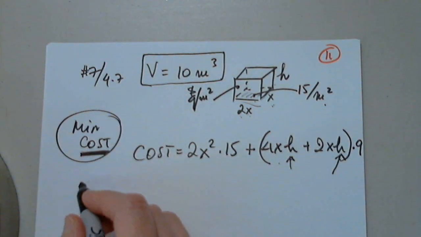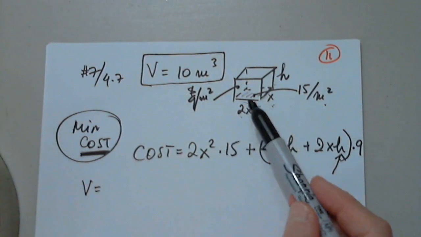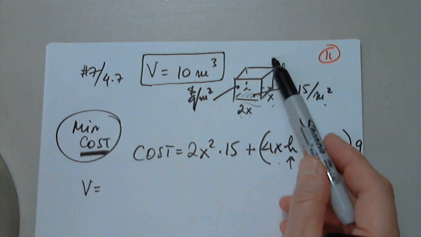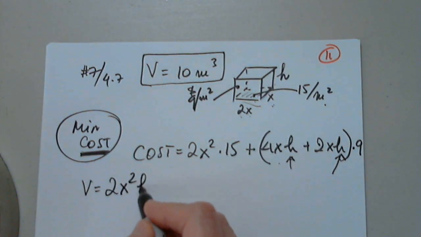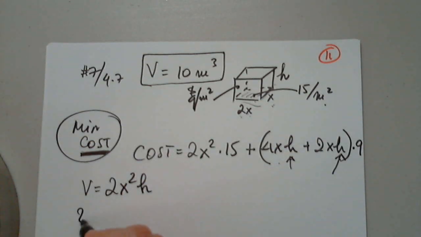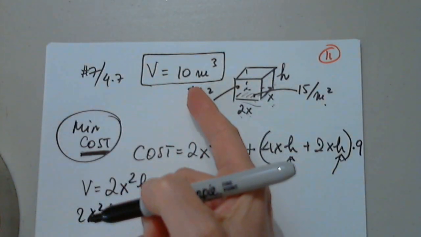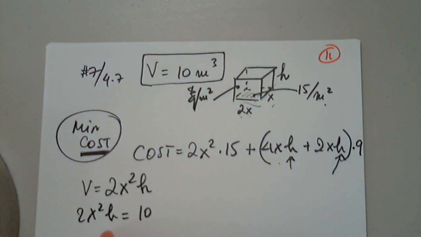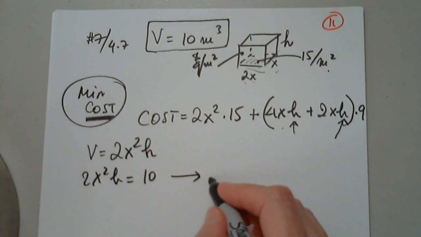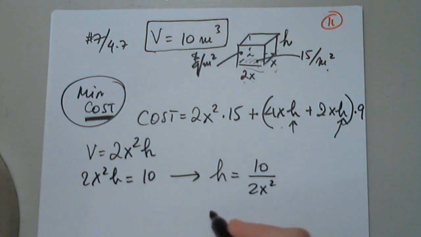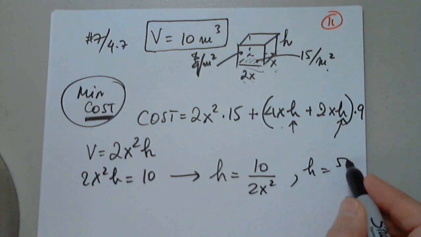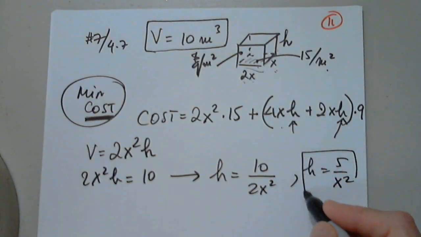So the volume of such a box is 2x times x times h, so 2x squared h. And we know that 2x squared h must equal 10. So from here I'm going to remove h. h equals 10 divided by 2x squared. I'll simplify and say h equals 5 over x squared.